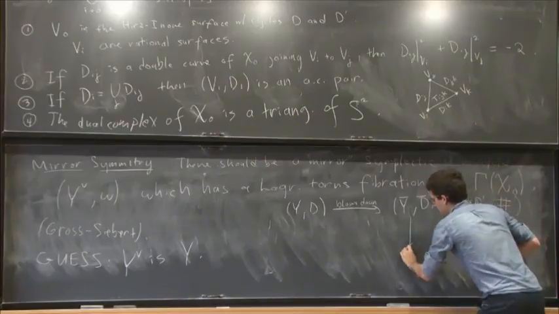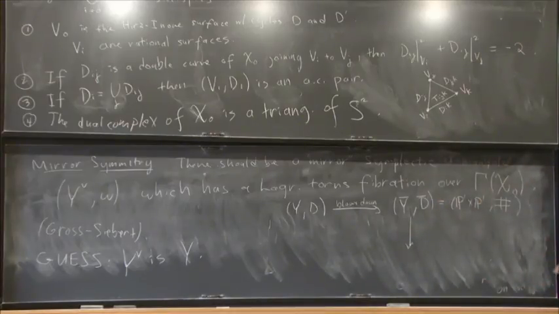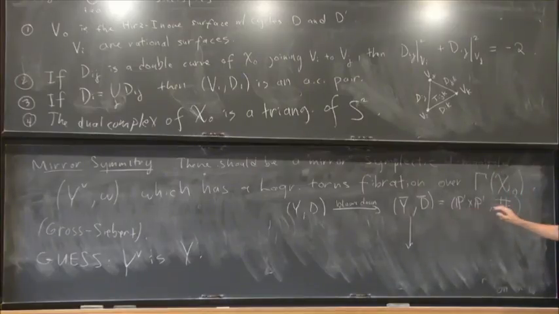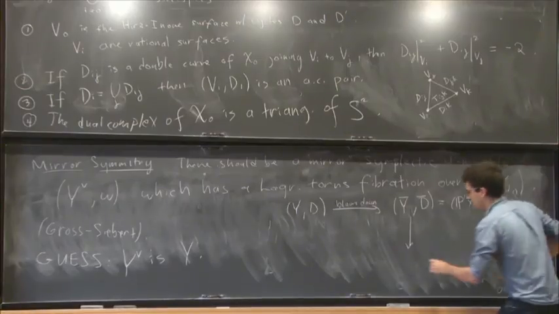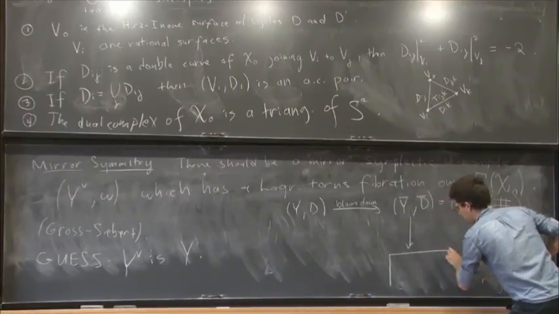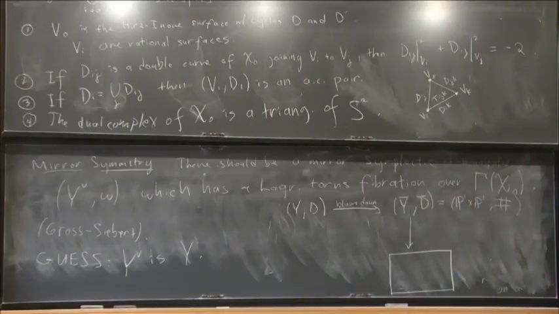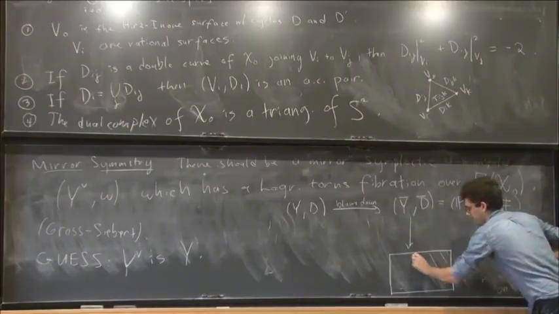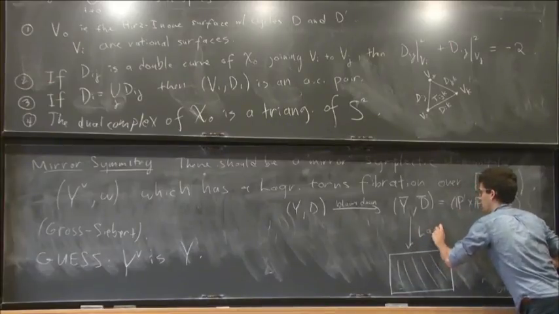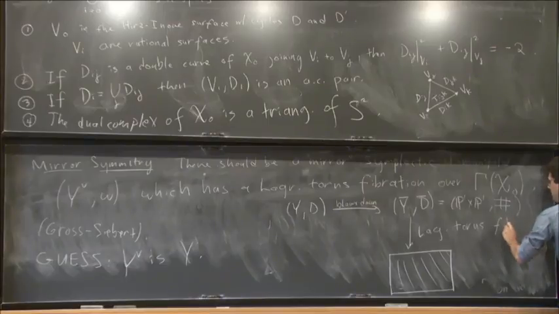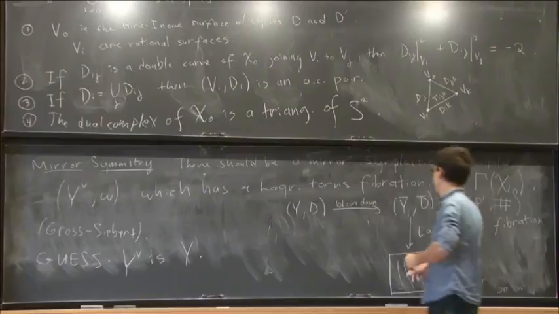Now, there's a Lagrangian torus fibration on P1 cross P1 with its toric boundary, just given by the moment map. So there's a Lagrangian torus fibration over this rectangle.